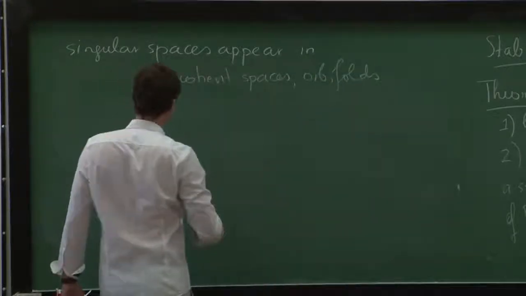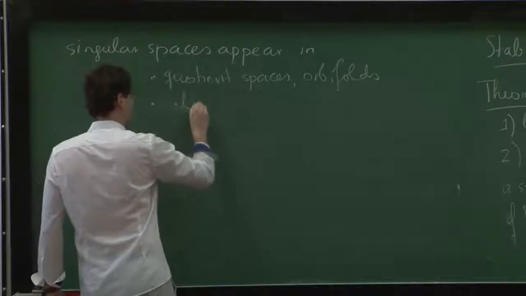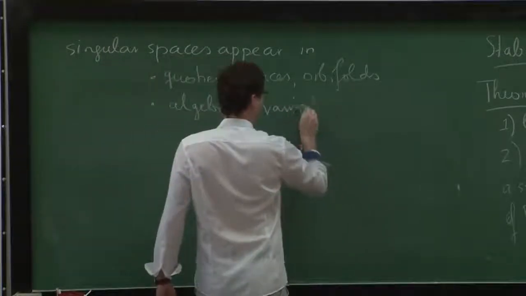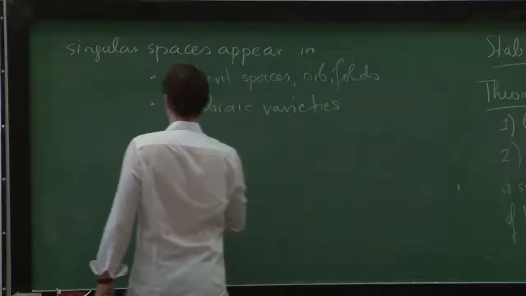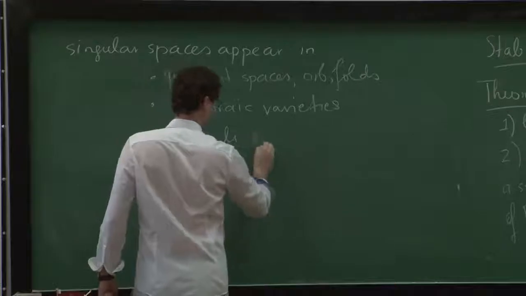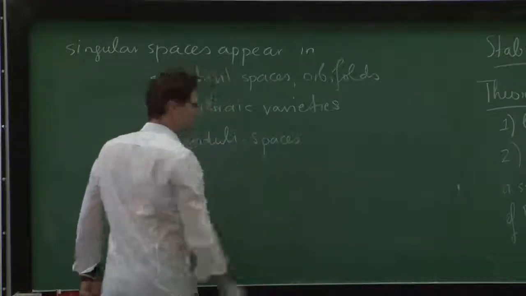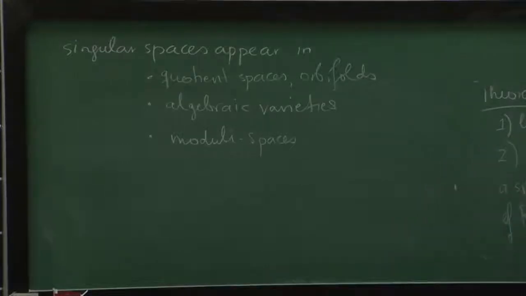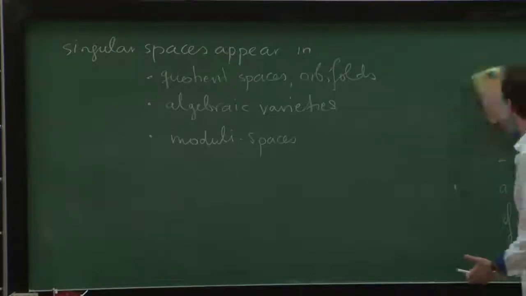They appear in algebraic varieties. They appear in moduli spaces. And I will give you examples for each, so that you actually believe me that you all should do singular manifolds, right?